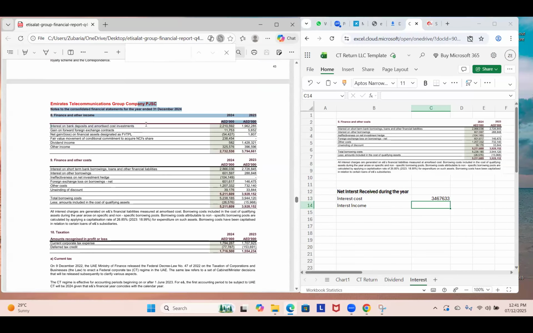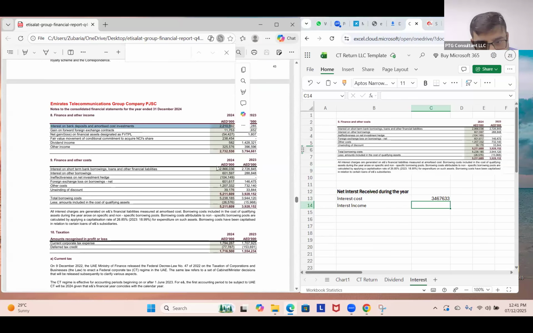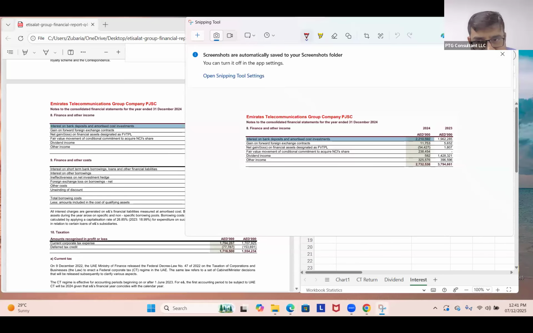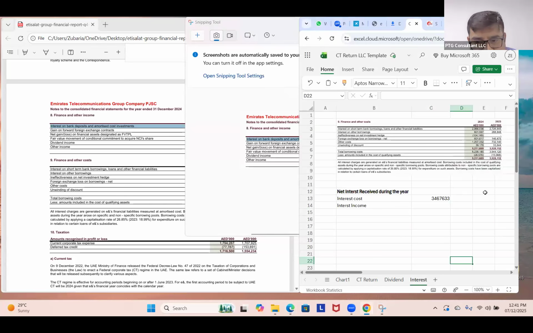Interest on bank deposits and amortized cost investment 2.2. Take the screenshot, put it below or above on the same sheet, with the note numbers. Put it on the same sheet, interest one.